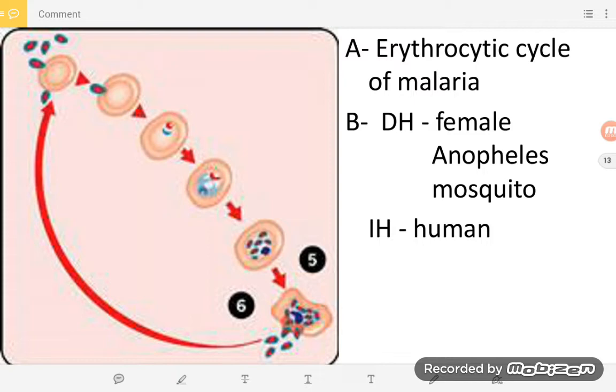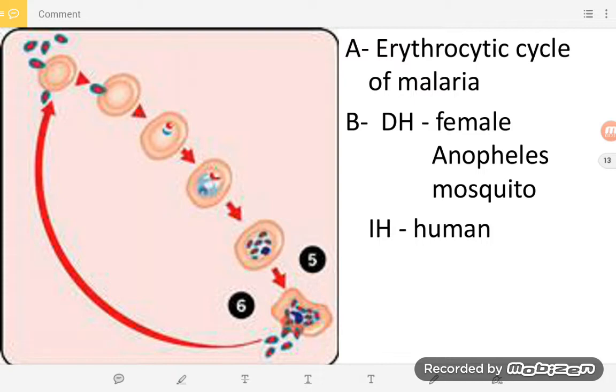Then after the schizont is fully matured, the red cell will rupture, and inside the schizont we can see the merozoites. These merozoites are released into the bloodstream and infect the red cell, and it becomes gametocytes, right.